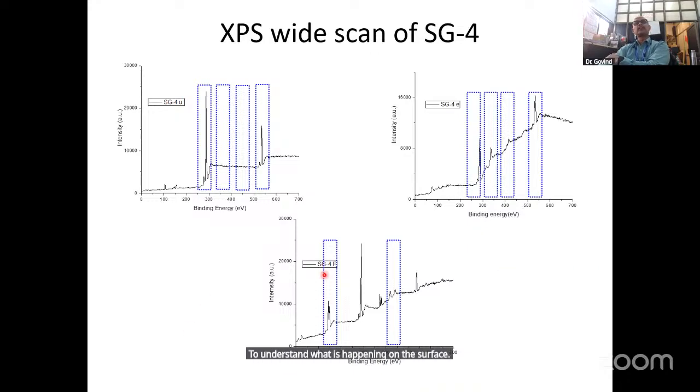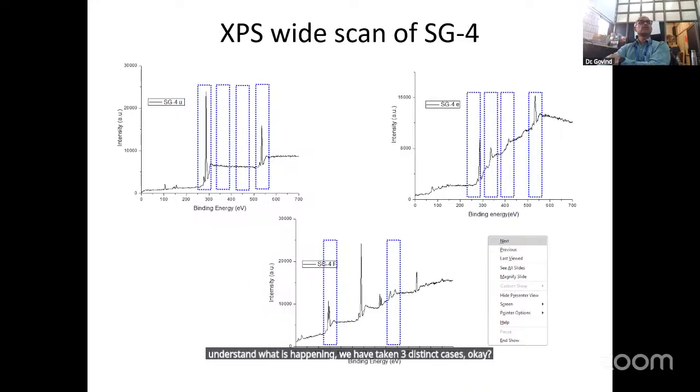The third one is the same sample sintered at 850 degrees Celsius, so that all the organic part burns off and the surface remains with some silver. To understand what is happening, we have taken three distinct cases.